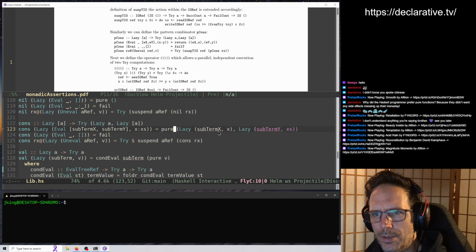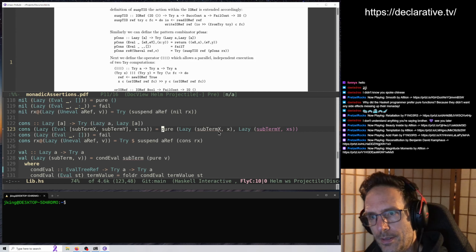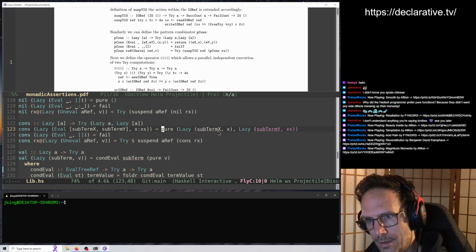I think what we need to do is unfortunately do some unsafe IO in order to evaluate these subterms to get the eval trees within. And then we can construct the new lazy A's from those.